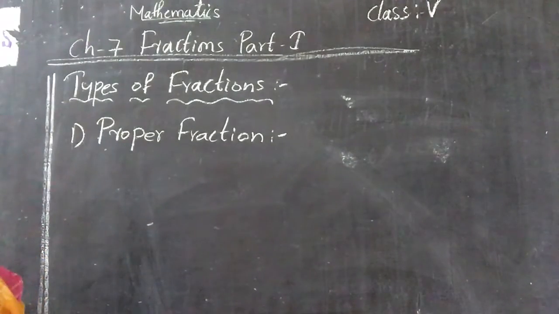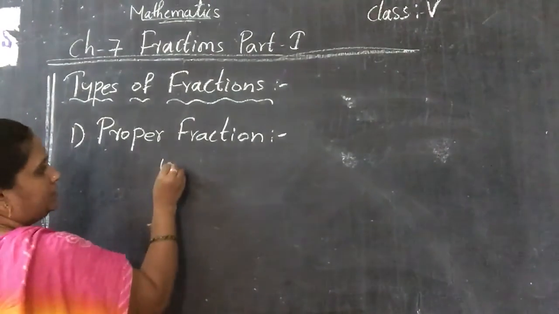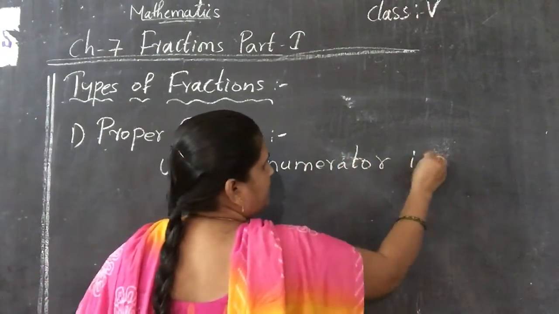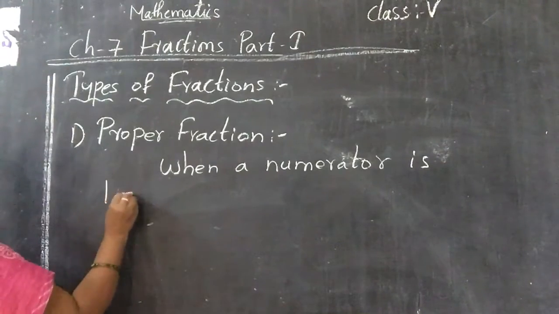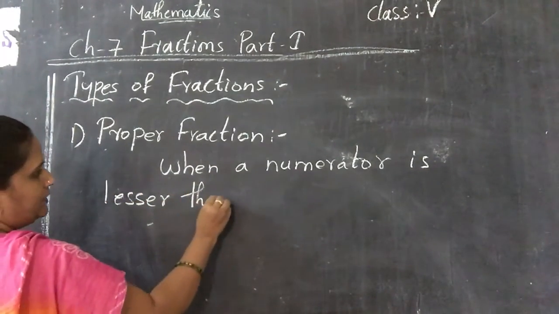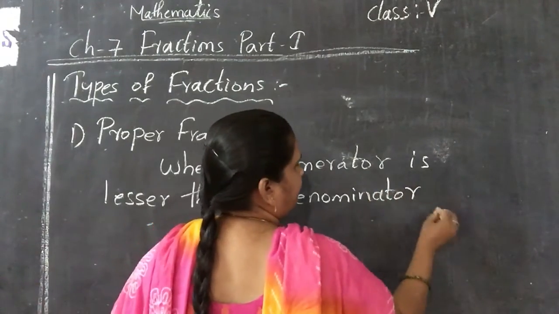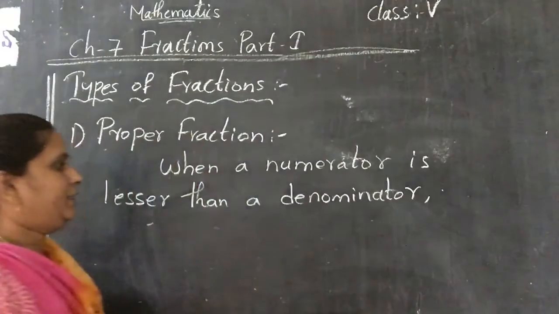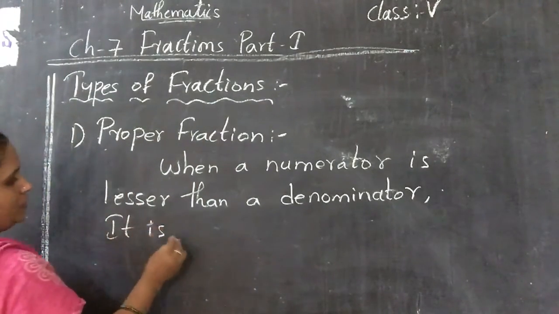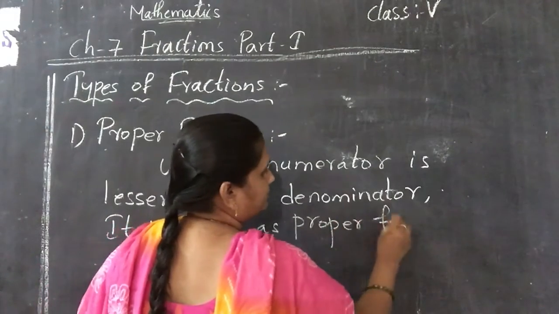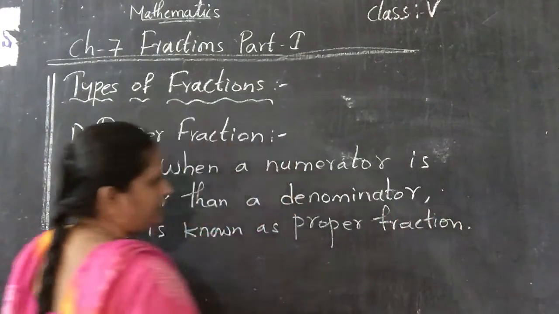When a numerator is lesser than a denominator, it is known as a proper fraction.